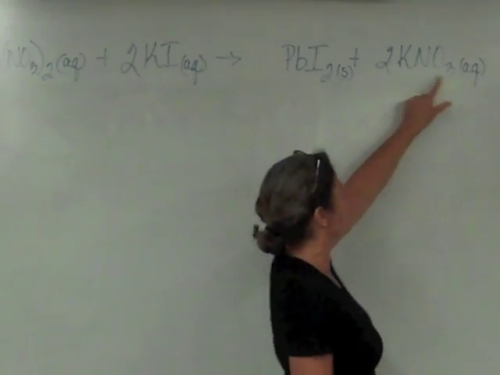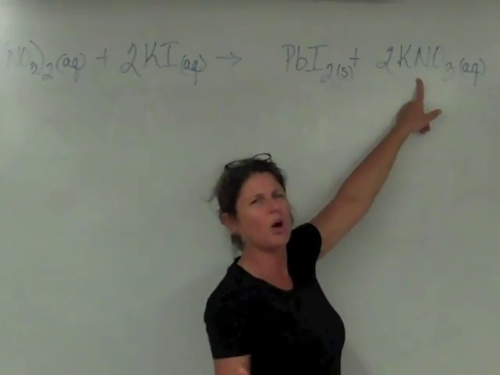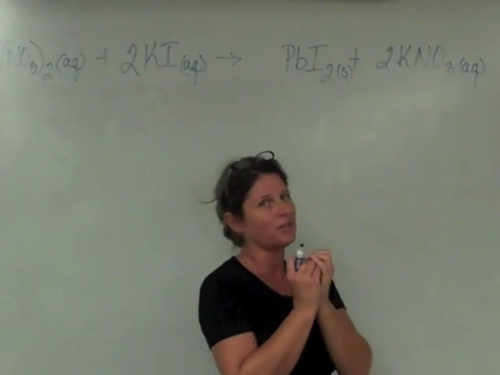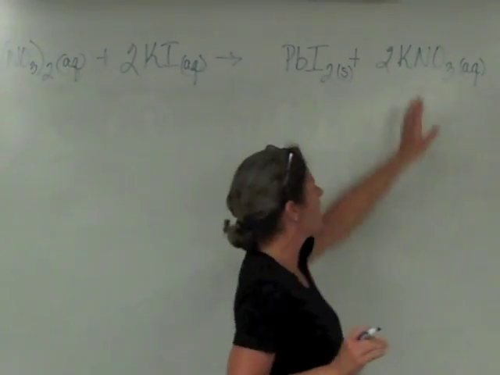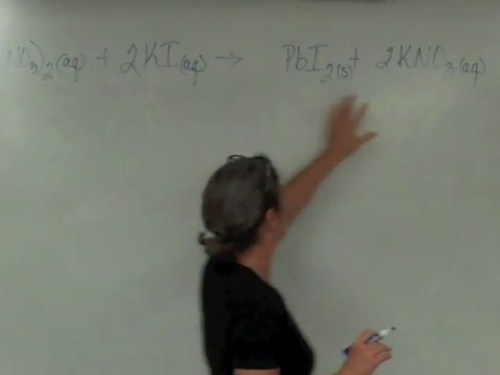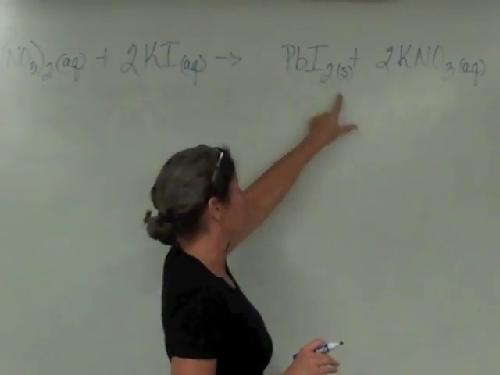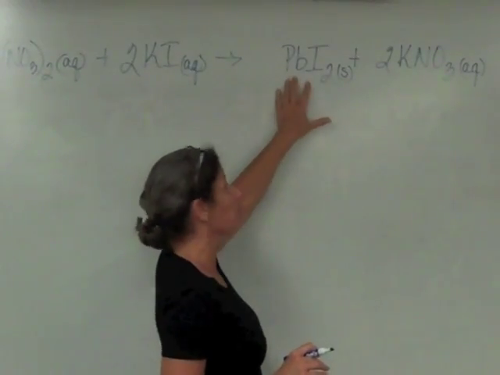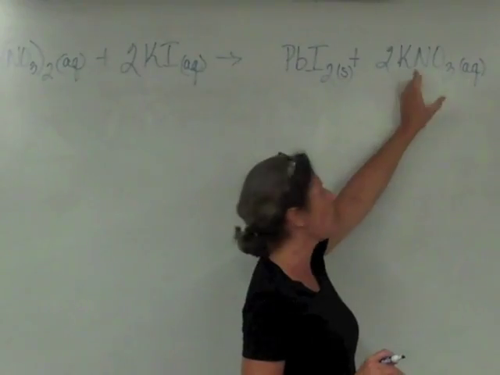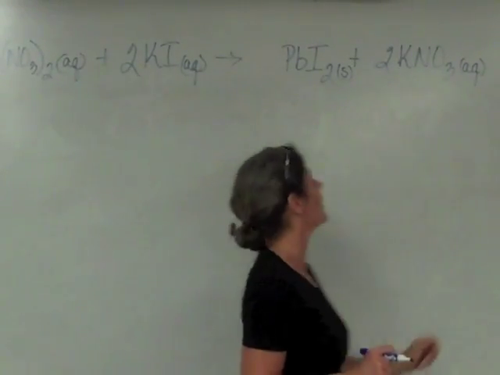Because this is aqueous, people, what do we know about this really? Is this associated together? No. This is dissociated. It's ionized in water. This is not ionized in water. This is a solid. Water can't break this thing apart. But this is dissociated, and we know that because it says aqueous.